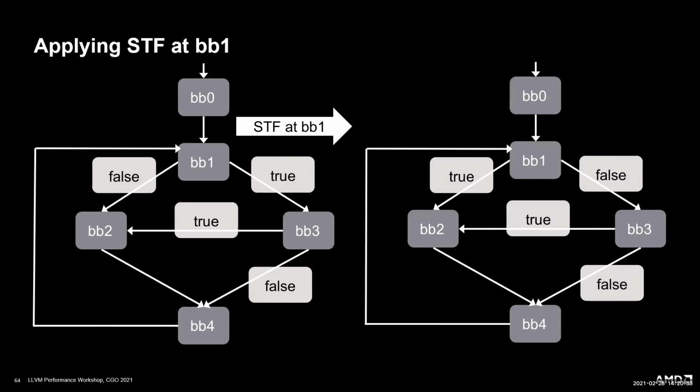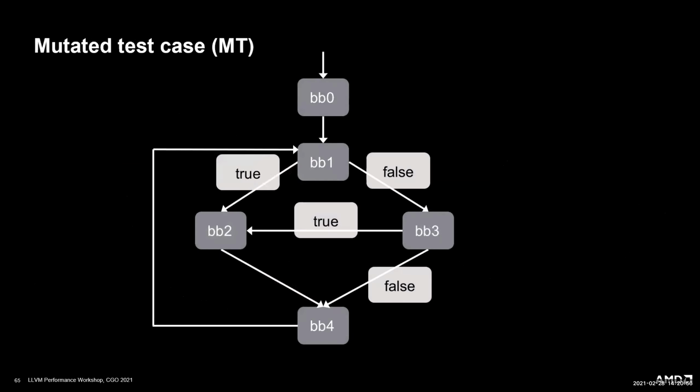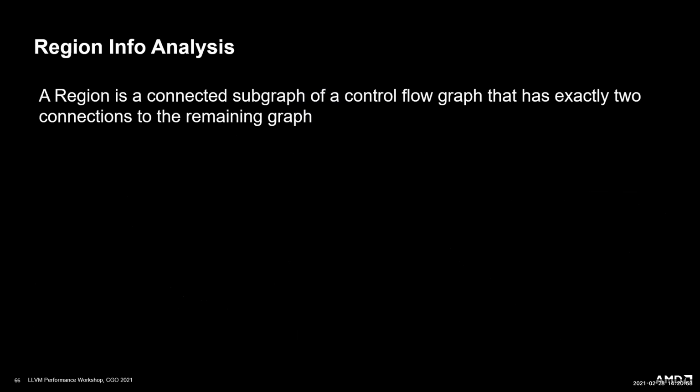And what we are talking about here is the region info pass, which is structural. It tries to derive something from the CFG, and it should remain the same if the CFG looks the same. So this is the mutated test case.